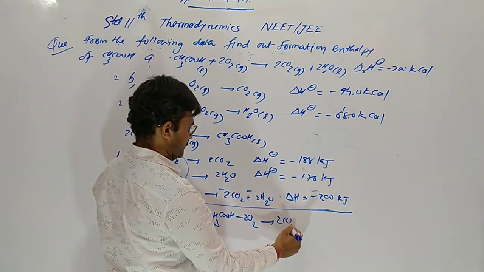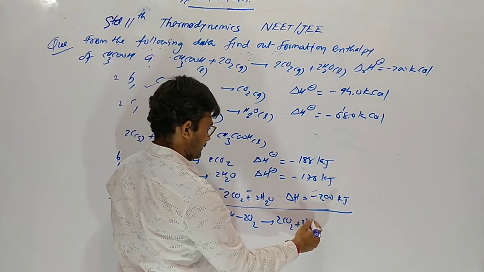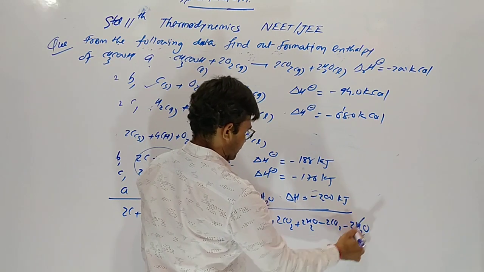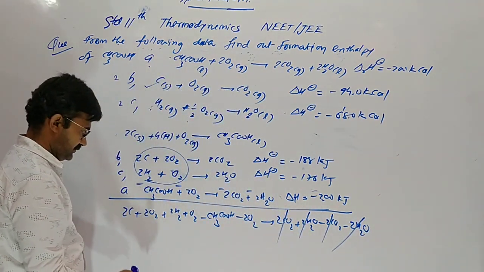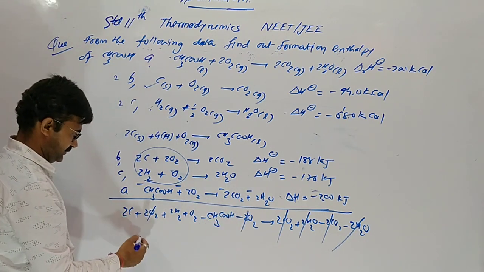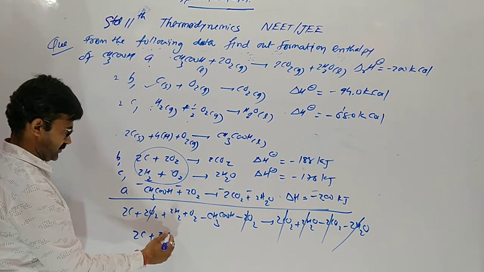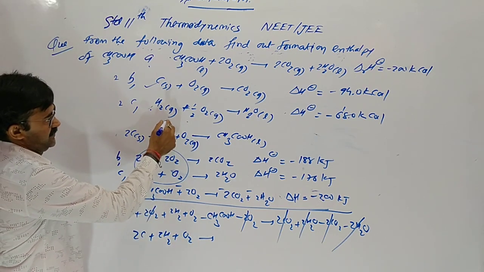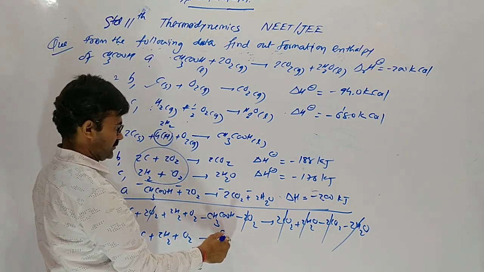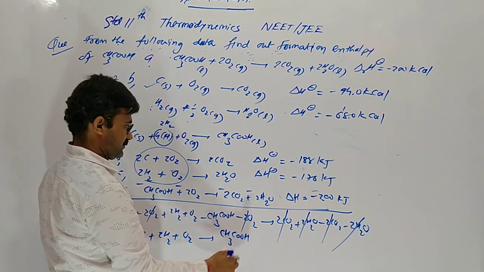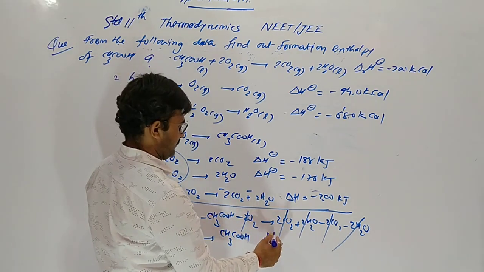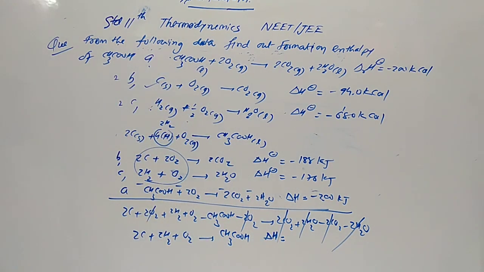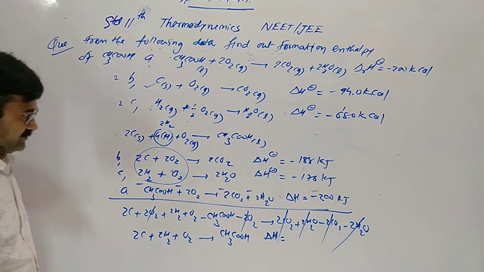On right hand side 2CO2 total minus 2CO2 minus 2H2O. These are cut. 2O2 cut. So 2C plus 2H2 and O2 gives CH3COOH. Exam questions are always easy, but we have to think about it, nothing else.